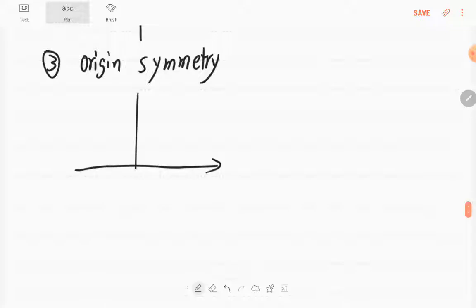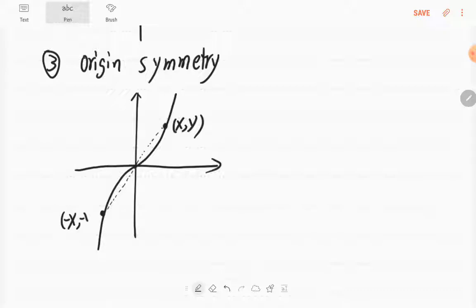So the graph will look like this one. Okay. If you have a point (x, y) here, if you draw a dashed line through the origin and continue to the intersection point here, this point must be negative x and negative y. So in other words, if (x, y) is on the graph, then (-x, -y) is also on the graph. So this is called the origin symmetry.